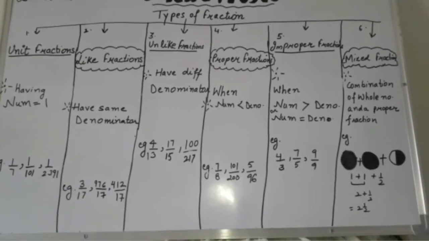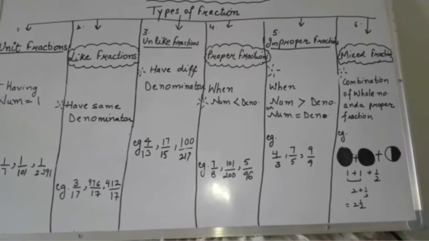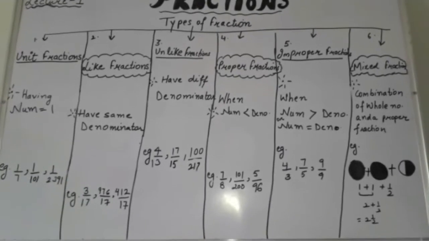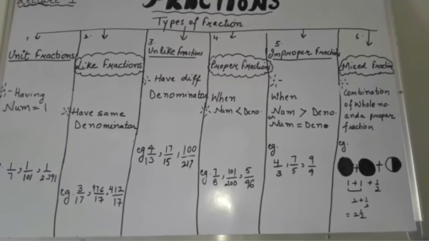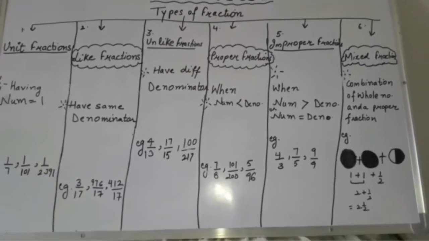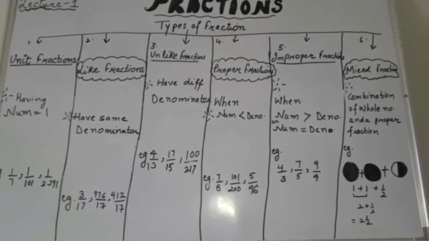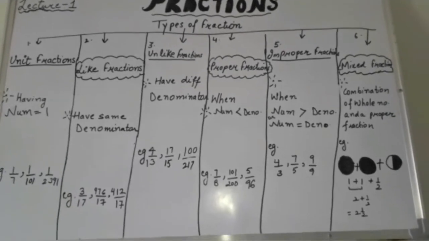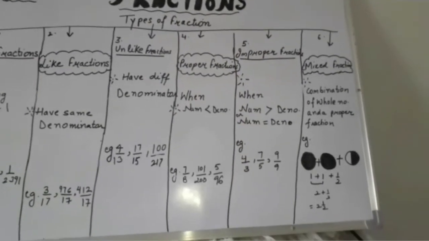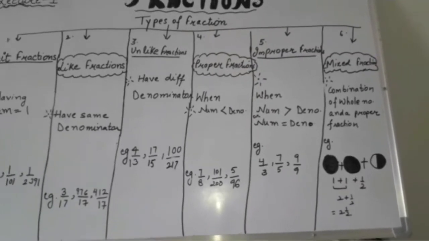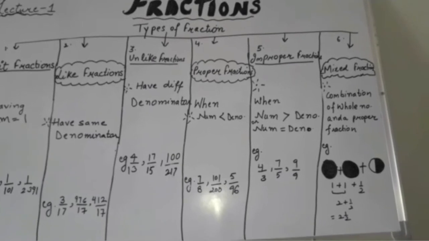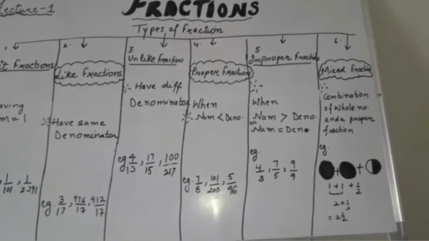For example, 4 by 3, and you know 4 is greater than 3. 7 by 5, again 7 is greater than 5. 9 by 9, here you get numerator similar to the denominator, so this is also an improper fraction. Next is the mixed fraction, which is the combination of whole number and a proper fraction.